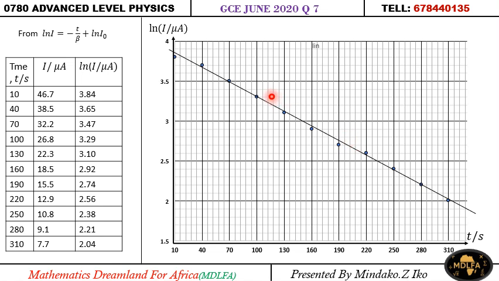Now according to the points, I have 3.8, but since 4 is less than 5, I will just have 3.8. The same goes here. Here it is 3.65, so to one decimal place will be 3.7. Here it is 3.47, which is 3.5.